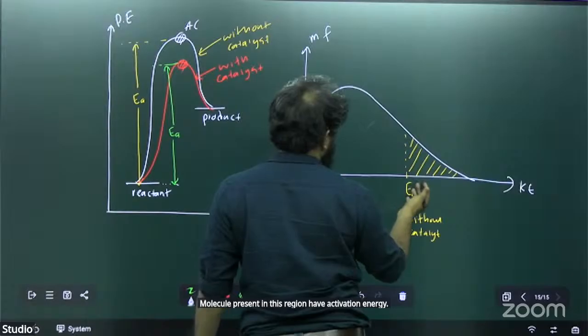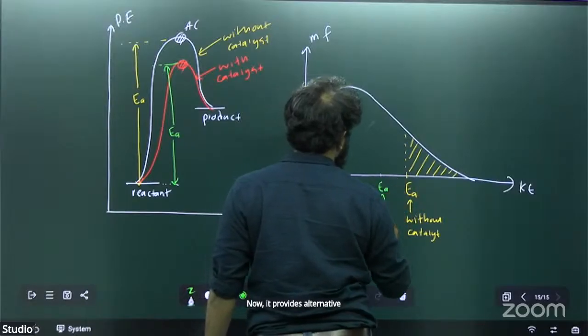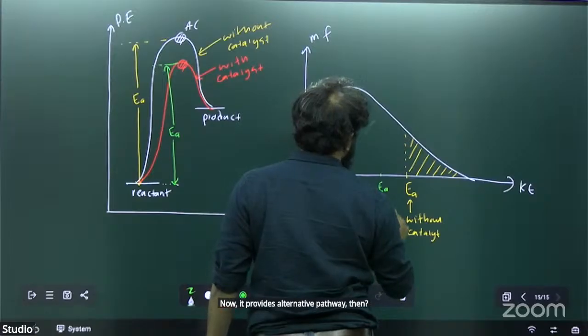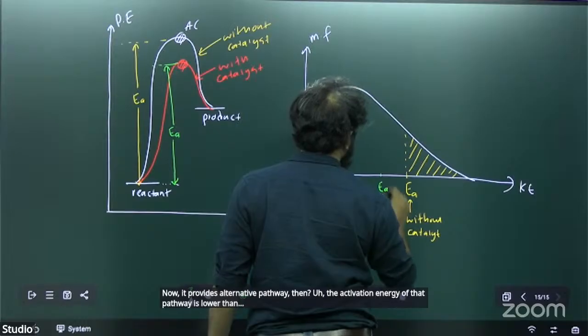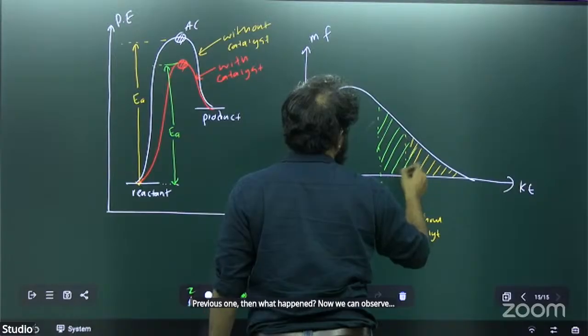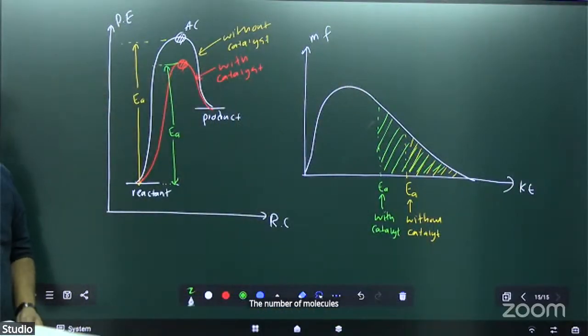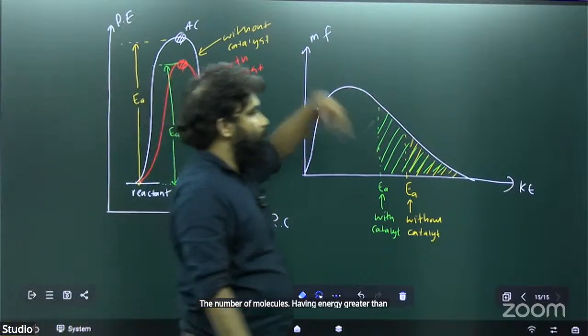When catalyst is added, it provides an alternative pathway, then the activation energy of that pathway is lower than the previous one. Then what happened? Now we can observe the area, that means the number of molecules having energy greater than activation energy now increases.